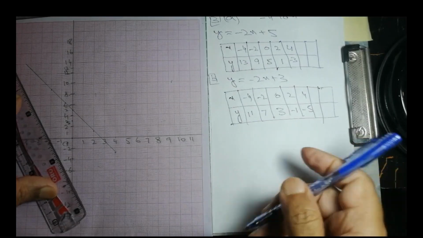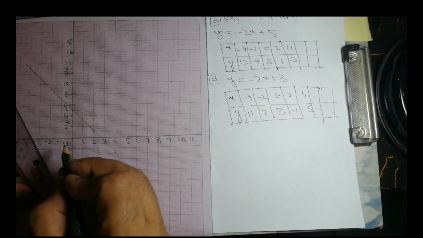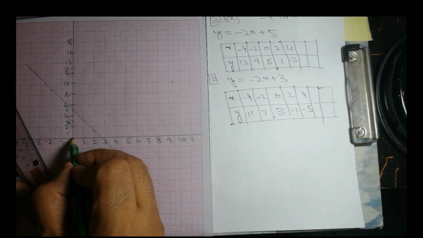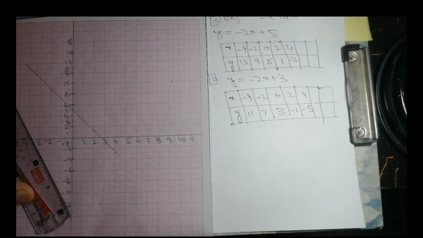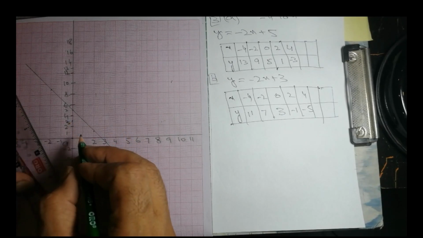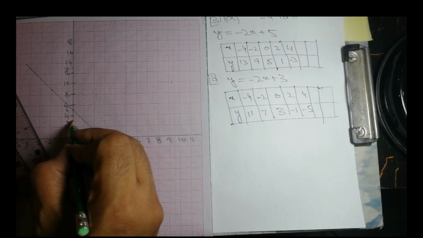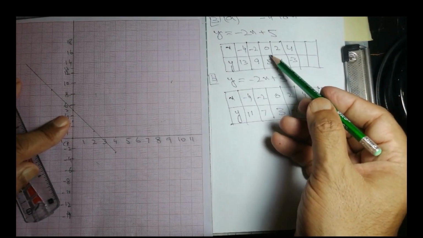So now draw these points. (0, 3): 0 is here, and 3 is this point, (0, 3). Previously we put this point here by mistake, because if we see in the upper table, there is no (0, 3).